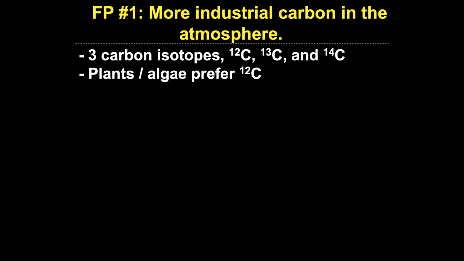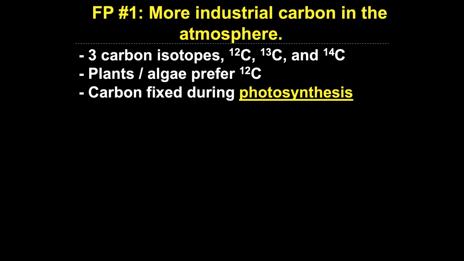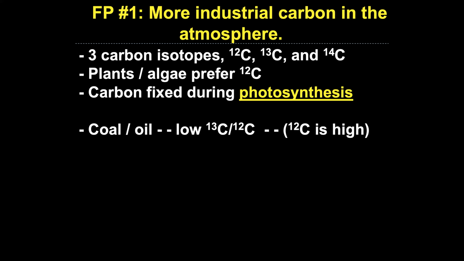Plants and algae basically prefer carbon-12. And carbon is fixed during the photosynthetic process. The process when a plant takes CO2, solar energy, water, and converts it into a carbohydrate or sugar, and expels oxygen into the atmosphere. So coal and oil have a low 13 to 12 ratio, meaning there is more C12 than there is C13, because plants and algae prefer carbon-12, and coal and oil come from plants.